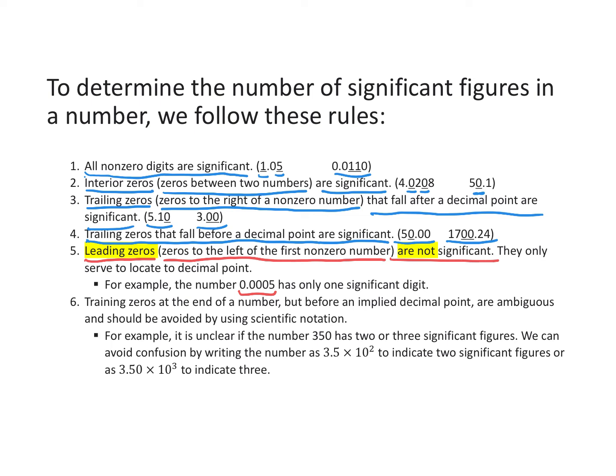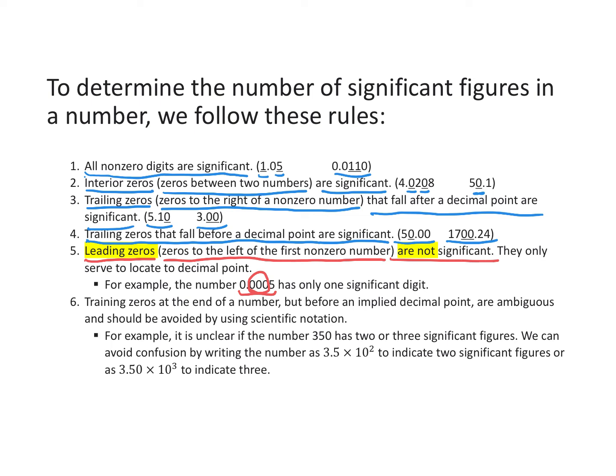So leading zeros, zeros to the left of the first non-zero number, are not significant. Everything I was telling you so far is significant, but leading zeros are not. About 90% of the students last semester got this wrong when I gave exactly the same sentence, which I'm going to include in the study guide too. Almost everyone got that wrong.